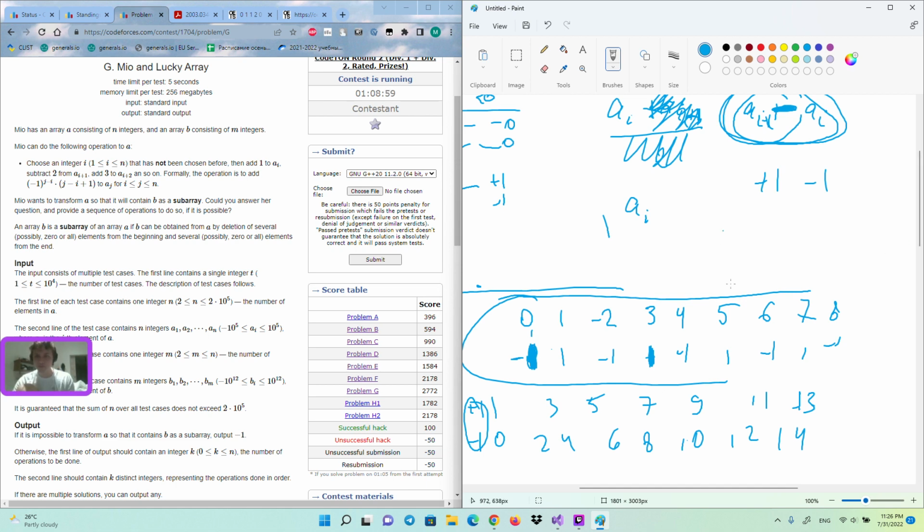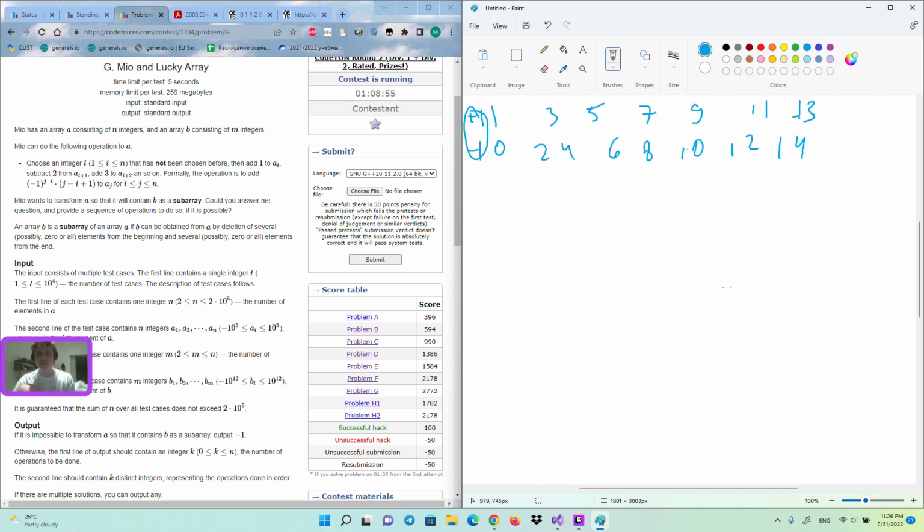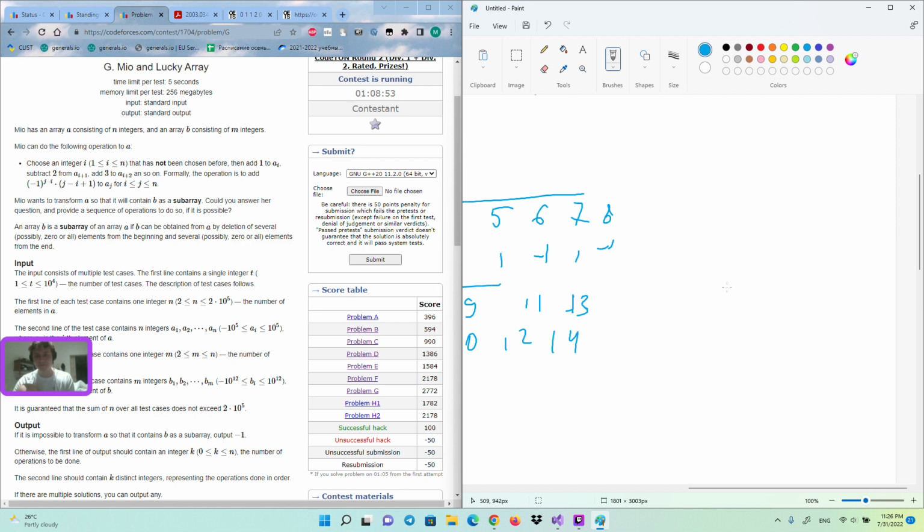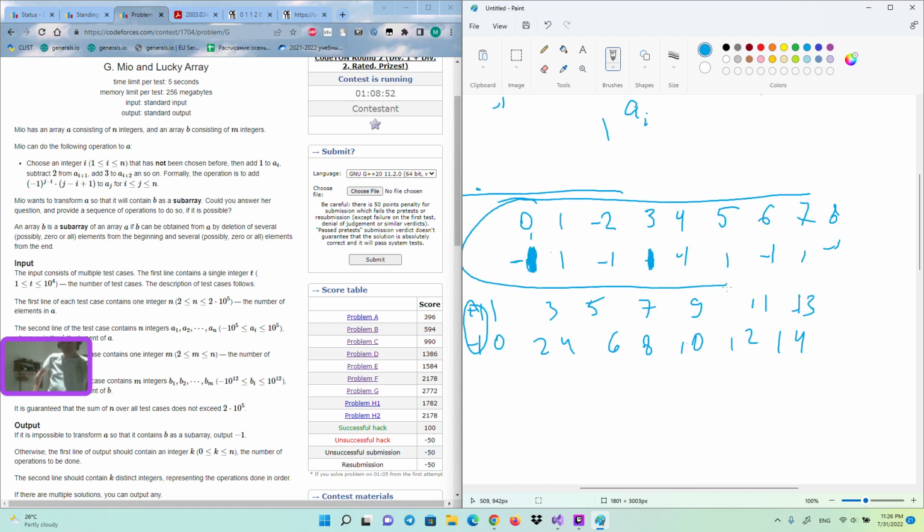We can do it with some discrete continuity. So what is it? It's like this.